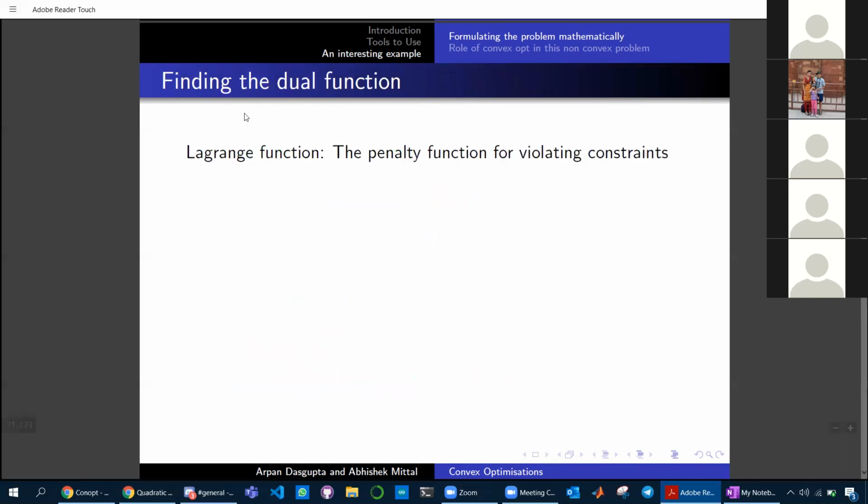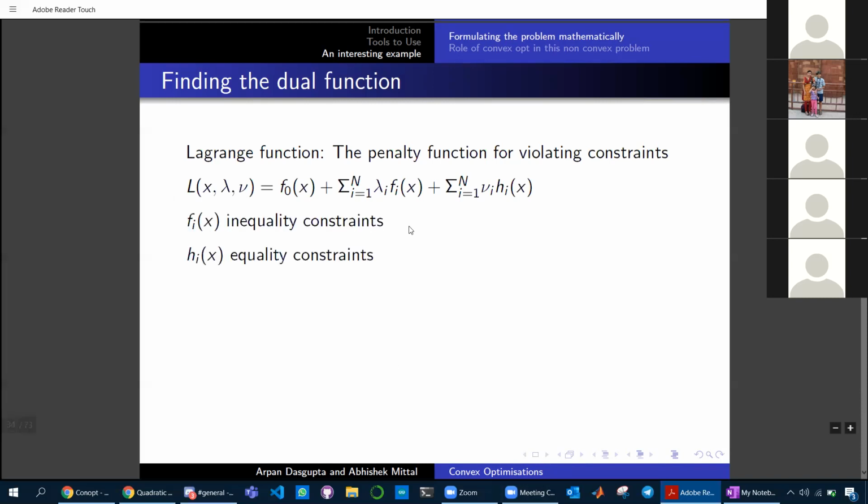Before I find the lower bound, I'm first going to find the dual function through the Lagrange function. The standard form of the Lagrange function is L of x, lambda, nu. Here, fi of x and hi of x are respectively the inequality and the equality constraints.